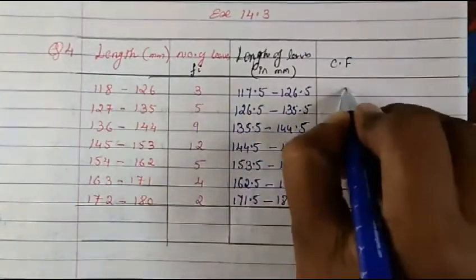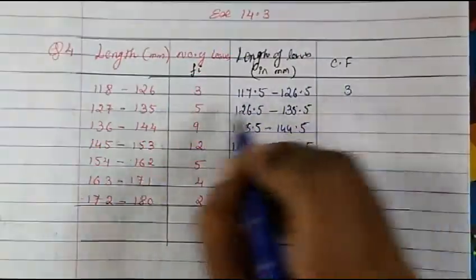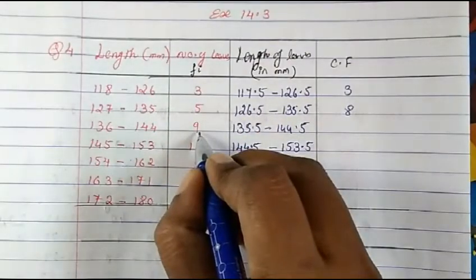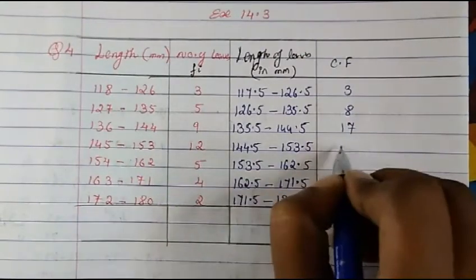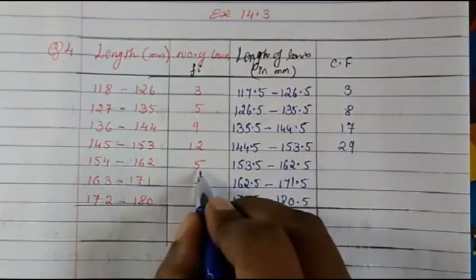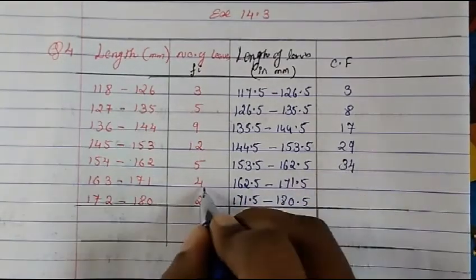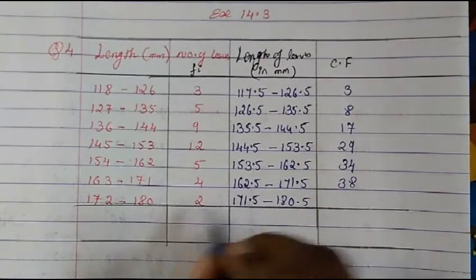First you write the frequency value, and with that you add the next value. So 3 plus 5, 8. 8 plus 9, 17. 17 plus 12, 29. 29 plus 5, 34. 34 plus 4, 38. 38 plus 2, 40.